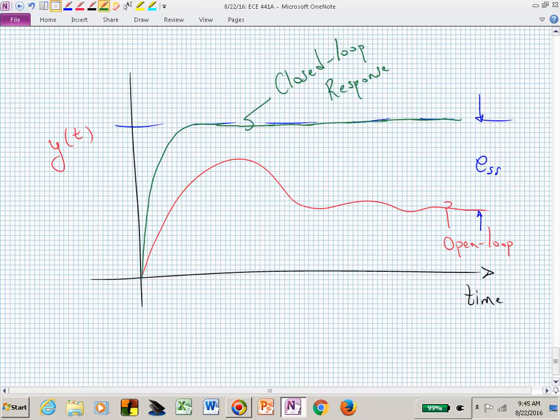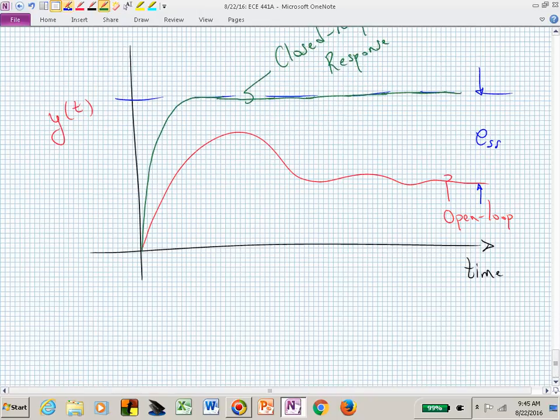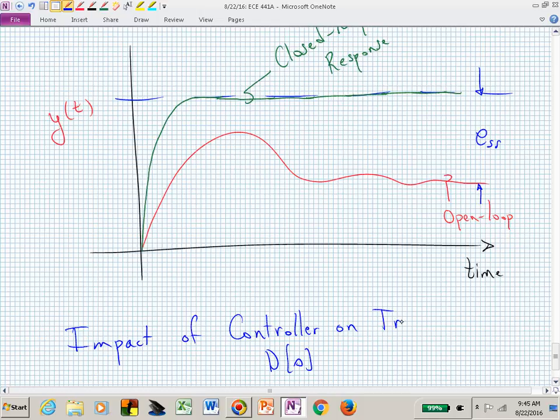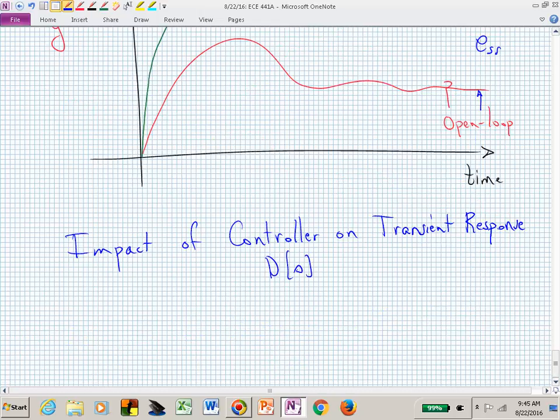And maybe we could do that with just a PID controller. This result then is the impact of our controller, which is this D of S, on the transient response.